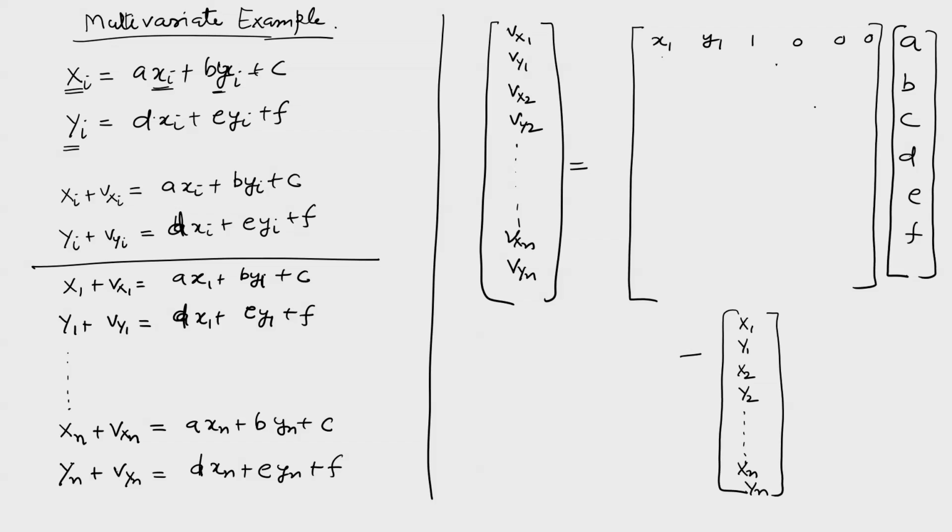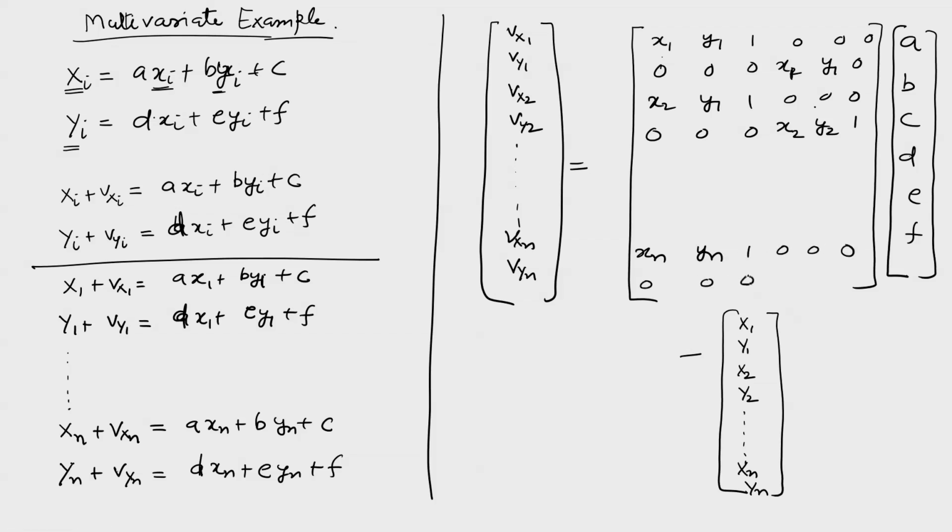I can fill these values: x1, y1, 1, 0, 0, 0; here x2, y2, 1, and 0, 0, 0; similarly 0, 0, 0, and if I write xn, yn, 1, 0, 0, 0, 0, 0, 0, xn, yn, 1. This is the V matrix, this is the A matrix, this is the X matrix of unknowns, and this is the L matrix.